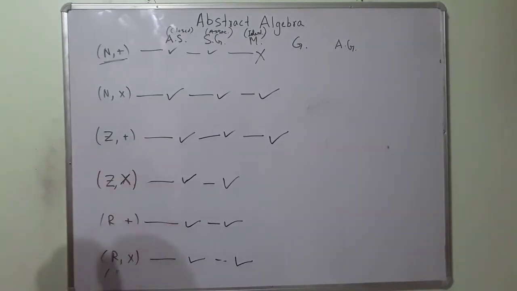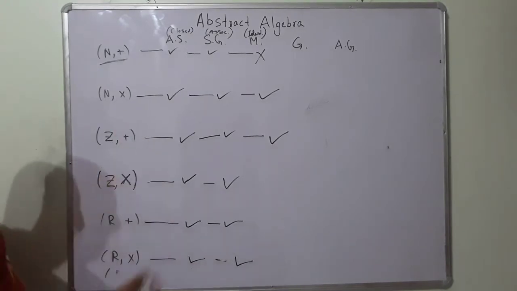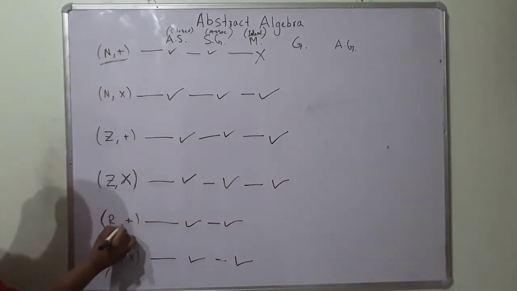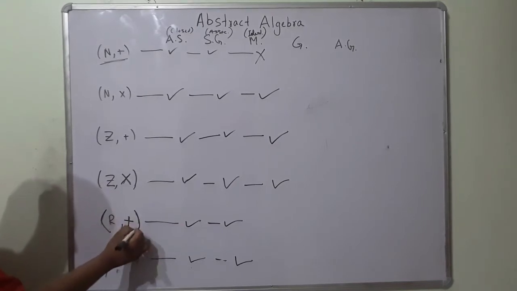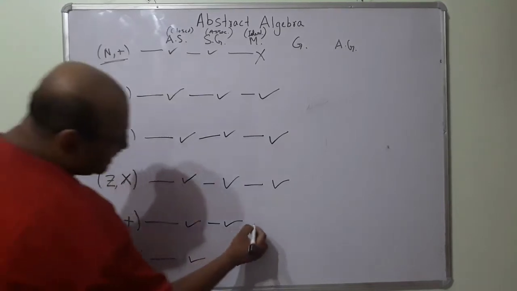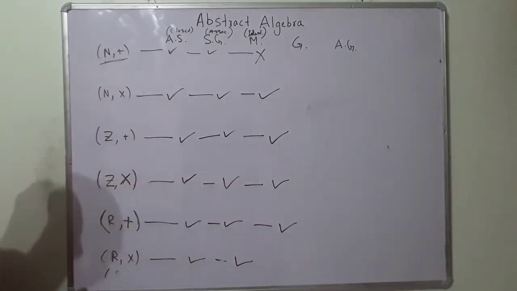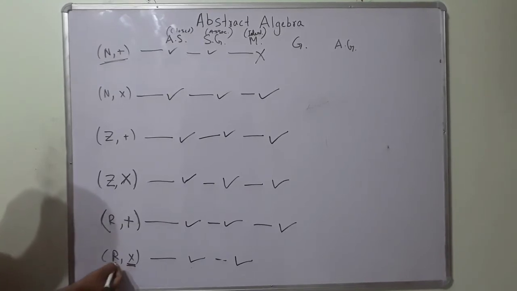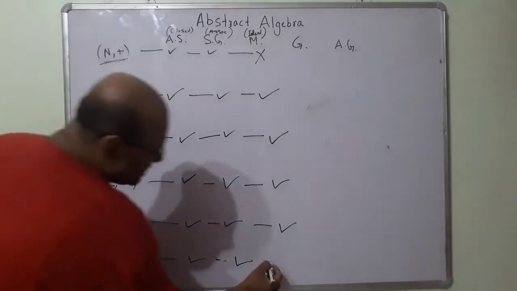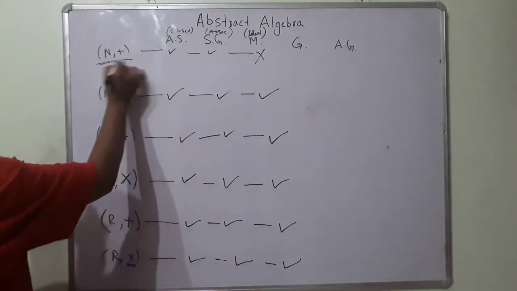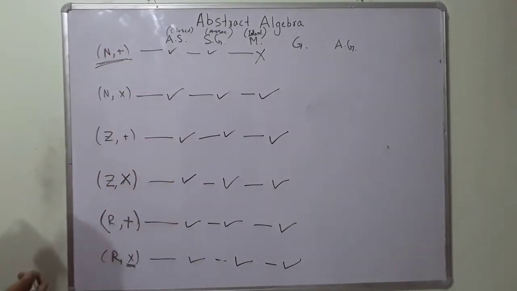The multiplicative identity is 1, it belongs to the set of integers, so this is also a monoid. What about real numbers under plus? The additive identity is 0, which belongs to the set of real numbers, so it is a monoid. The multiplicative identity is 1, which belongs to the set of real numbers, so it is a monoid. So all of these are monoids, except for the natural numbers under addition.